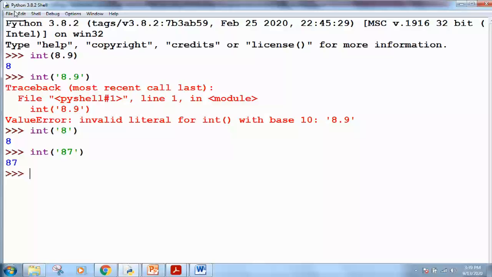Similarly, float is the function which converts any data into float. These functions we use in Python programming. You know that when we enter two numbers, we write input and then wrap it in int. This is the reason why we write int or float there.